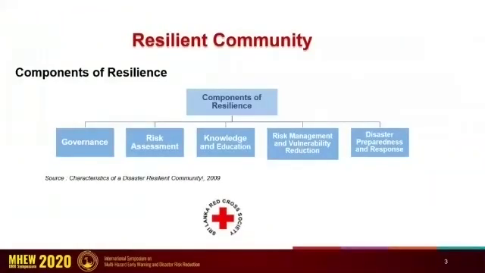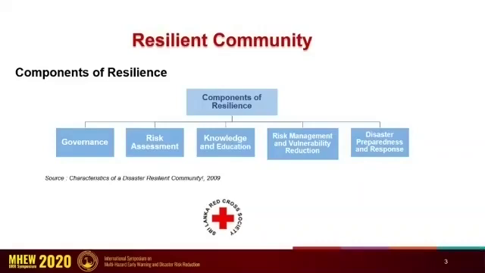Once people are affected by either man-made disaster or natural disaster, it is important to help them return to their normal living condition, or what we say, build back better. This can only be done if we help them to stand again as a resilient community.